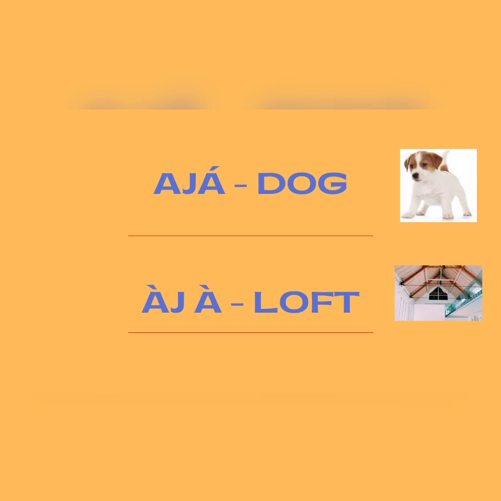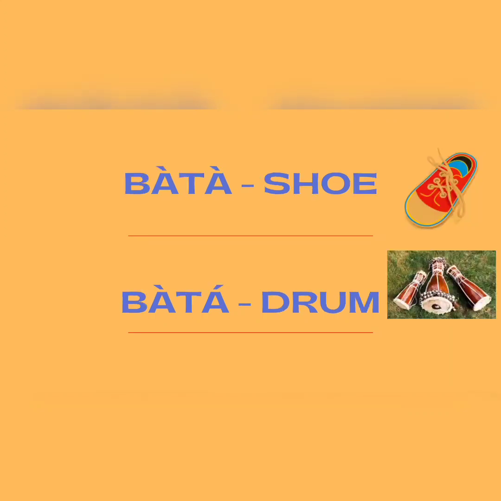The next set of words also are spelled the same way but with different marks. The first word has do. Bata, and that means shoe. Can you pronounce it? Bata.